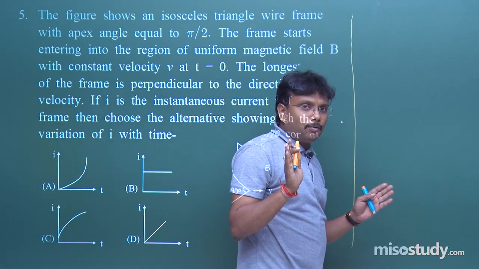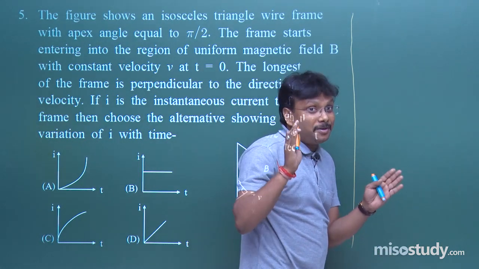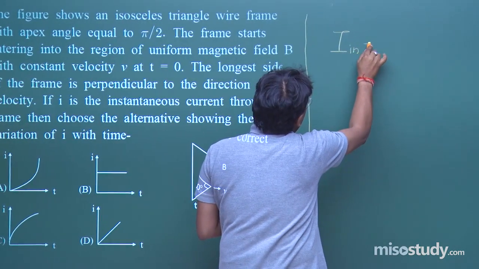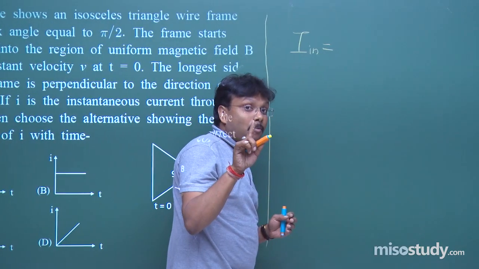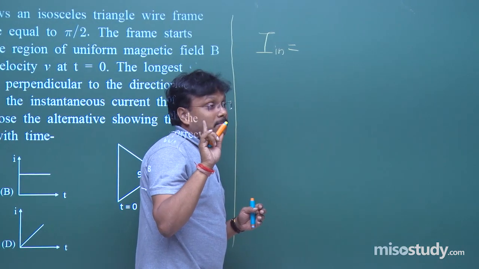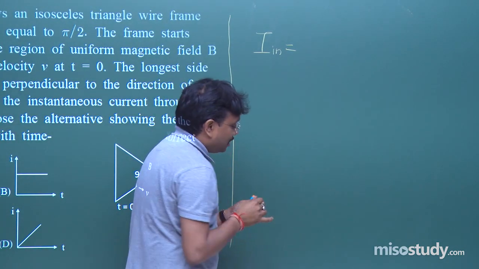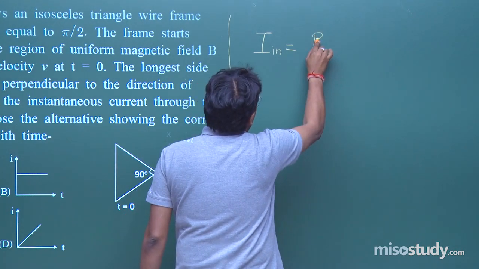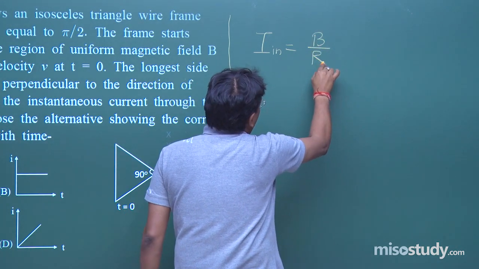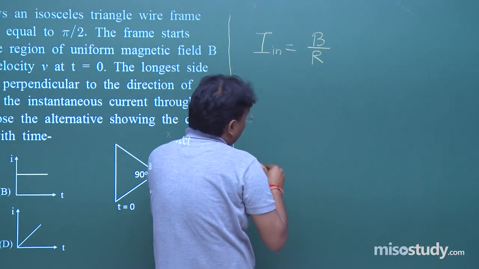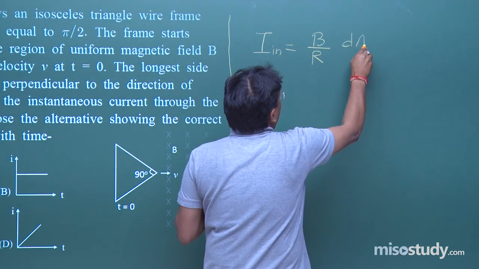I am going to write down a formula which is a repetition of the previous formula, okay. I induced, what was the previous formula? Fine. This is a good habit to practice, writing again and again, that is B upon R, resistance, magnetic field, that is B upon R dA by dt.